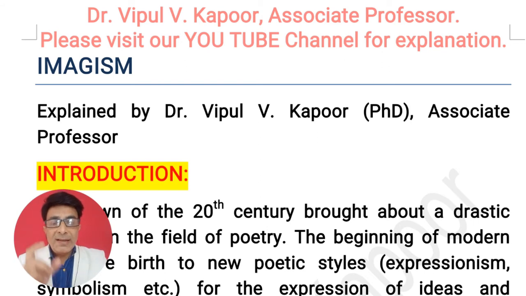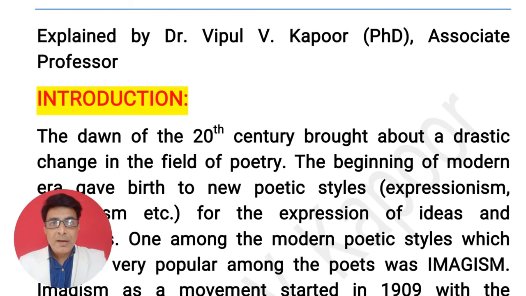known as Imagism. Friends, the dawn of the 20th century, dawn means the morning, the beginning of the 20th century, brings about a huge, drastic change in the field of English poetry. Why?